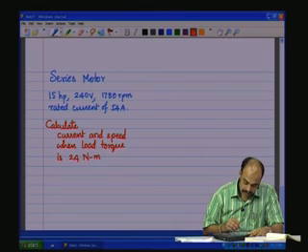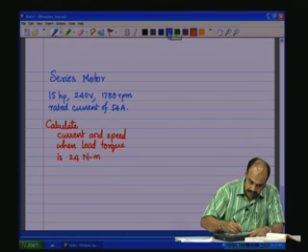Let us further say that there is a torque speed curve and a torque current curve given for the series motor.